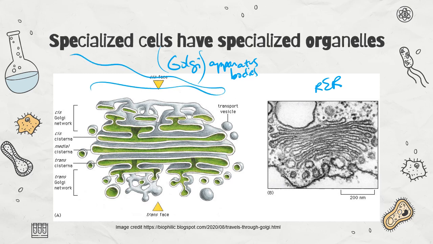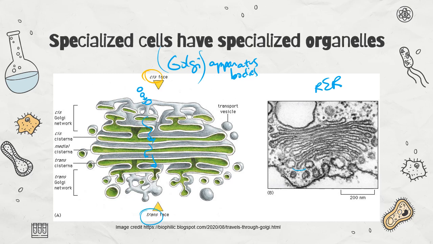Good? So what we're going to do is have rough ER is here. It's going to send some vesicles of proteins and membrane to the cis face of the Golgi apparatus. It is going to merge into the Golgi. The Golgi is going to modify those proteins, add some carbohydrates or any other pieces that are needed. The protein will get modified as it travels through the Golgi apparatus until it gets to the trans face.